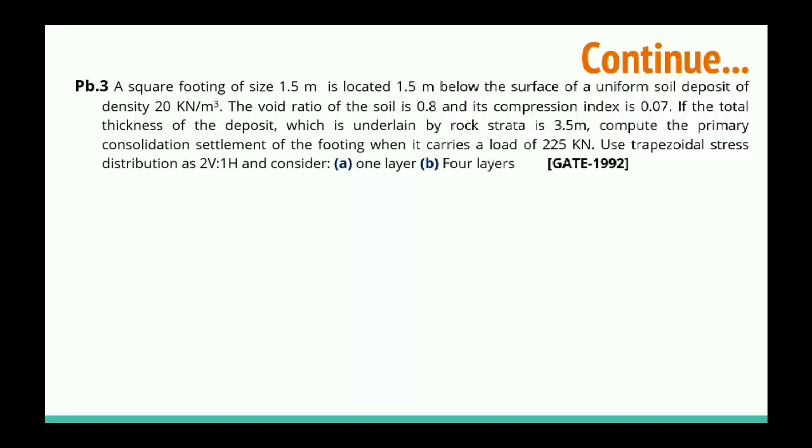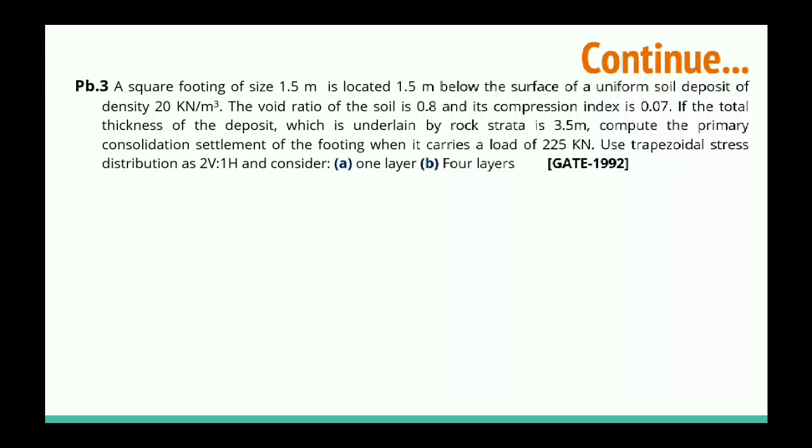Now we have the third question. A square footing of size 1.5 meter is located 1.5 meter below the surface of a uniform soil deposit of density 20 kilonewton per meter cube. The void ratio of the soil is 0.8 and its compression index is 0.07. If the total thickness of the deposit, which is underlain by rock strata, is 3.5 meter, compute the primary consolidation settlement of the footing carrying a load of 250 kilonewton.